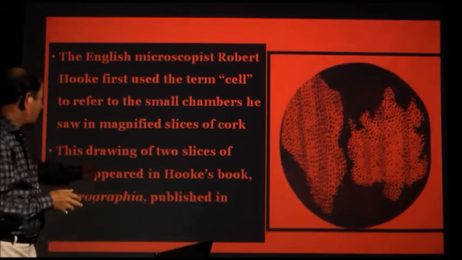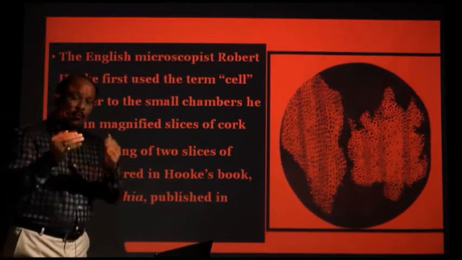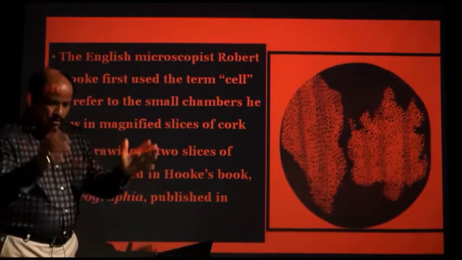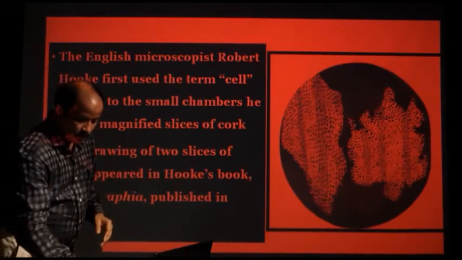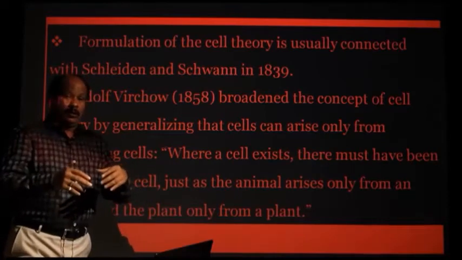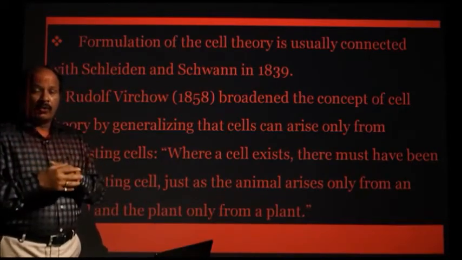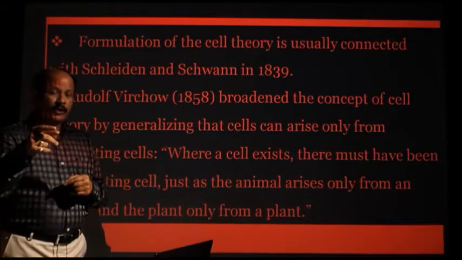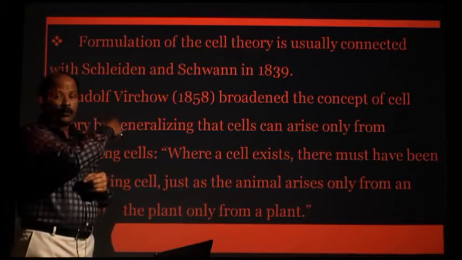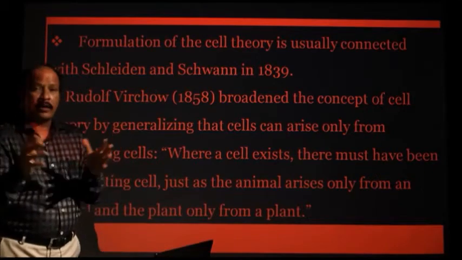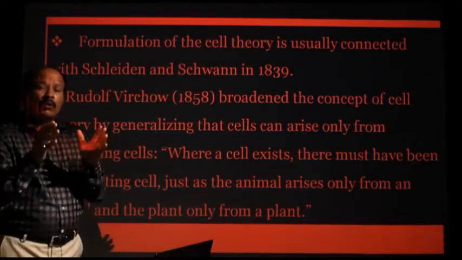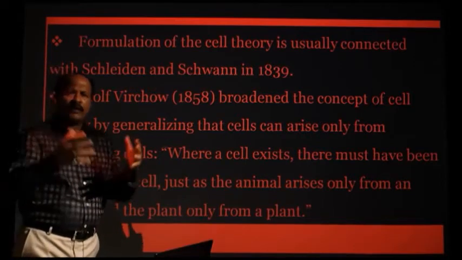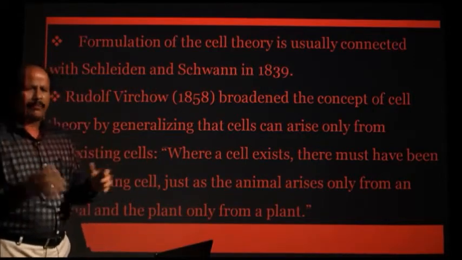You see, Micrographia, that means what he studied in microscope he published in the book named Micrographia. But the cell we are understanding today was not the same cell studied by Robert Hooke. Only he coined the term cell, but nothing more about the cells could be known by that time.